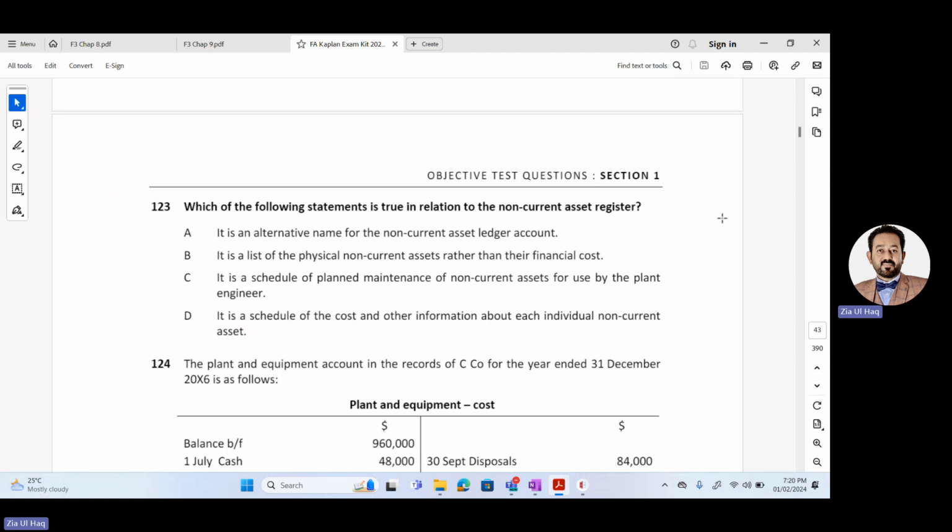It is a list of physical non-current assets rather than their financial cost. No, including their cost. It is a schedule of planned maintenance of non-current assets for use by the plant engineer. No. It is a schedule of the cost and other information about each individual non-current asset. Yes, option D is the correct option.